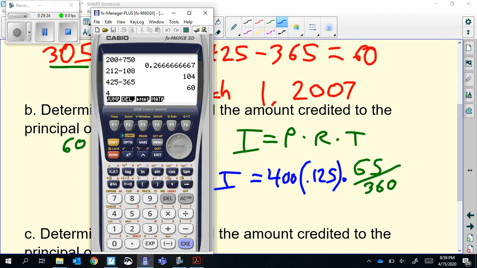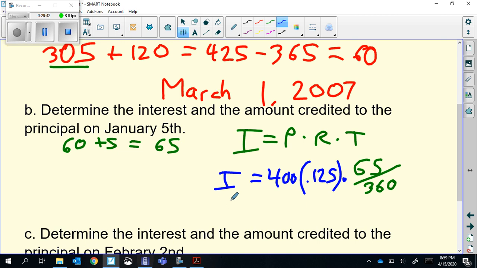So we can multiply this straight out, 400 times 0.125 times 65 over 360. The interest in that amount of time would be $9.03. The question is how much interest, so interest is $9.03.